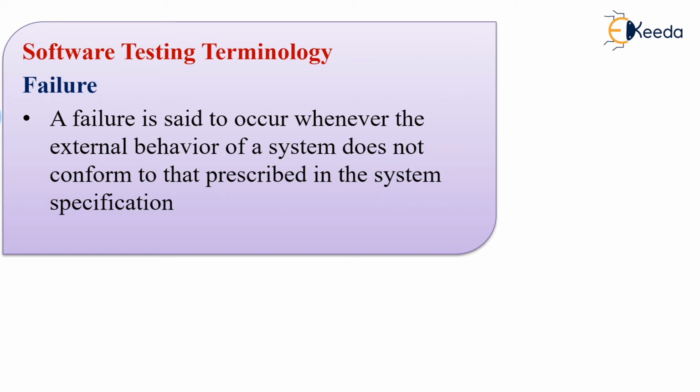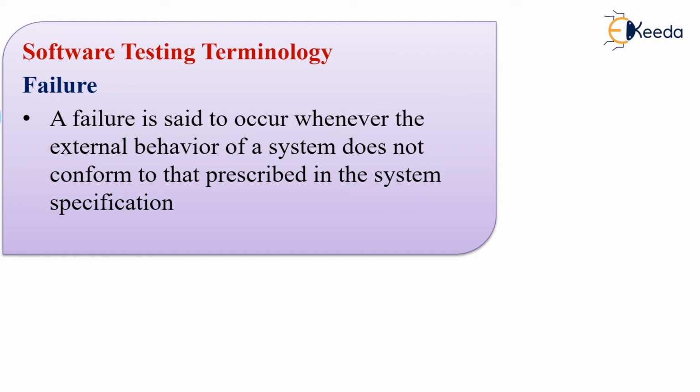In the implementation phase, they are all coded up. And in the testing phase, the system is tested to see whether the behavior maps to your requirements, your specification. If not, then the failure is identified.